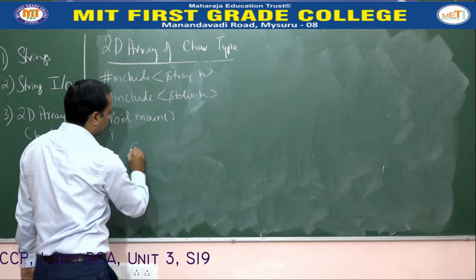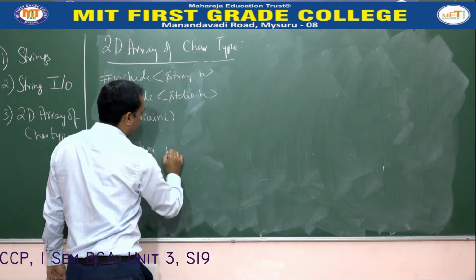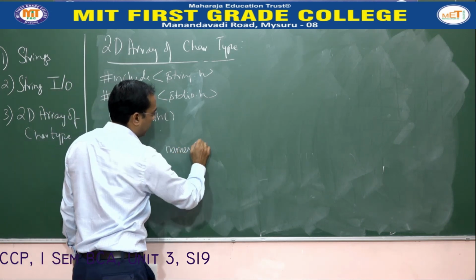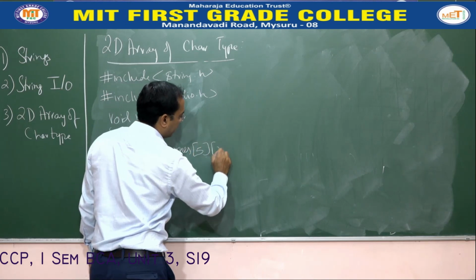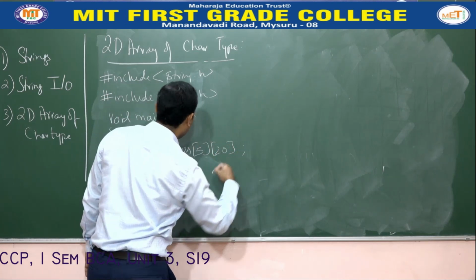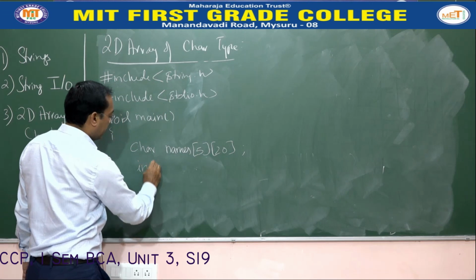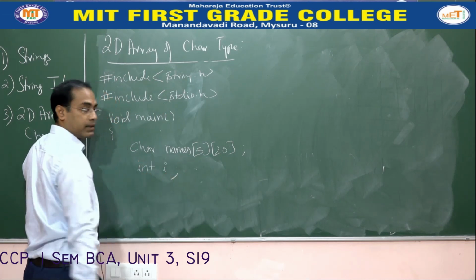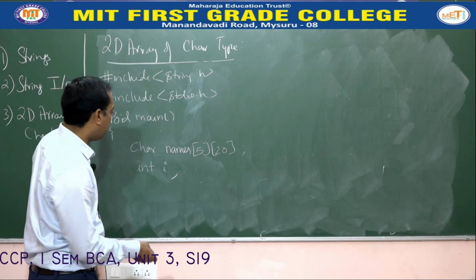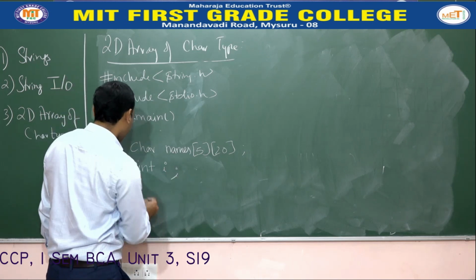Declare the variable names of 5 and 20. Declare an int variable i to keep track of the loop control.